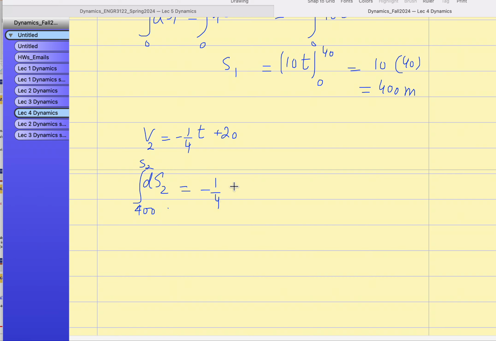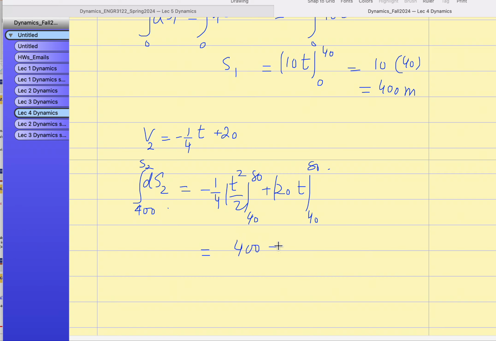I will just do it like this because you already understood. This is 20t, from 40 to 80. If you do the math here, you will get 400 plus 200, so S2 is about 600.